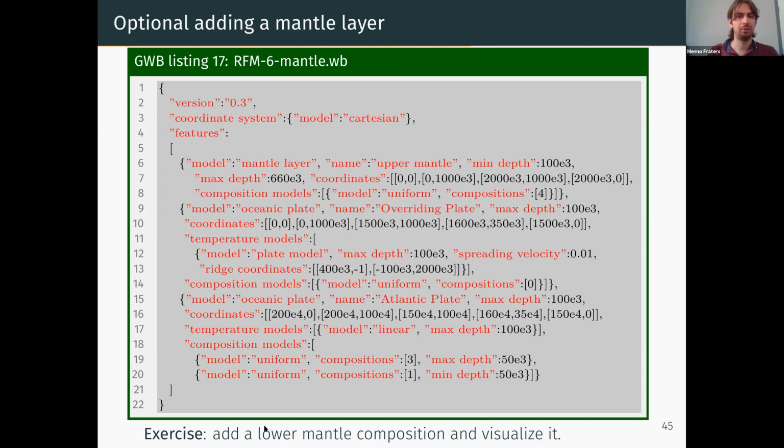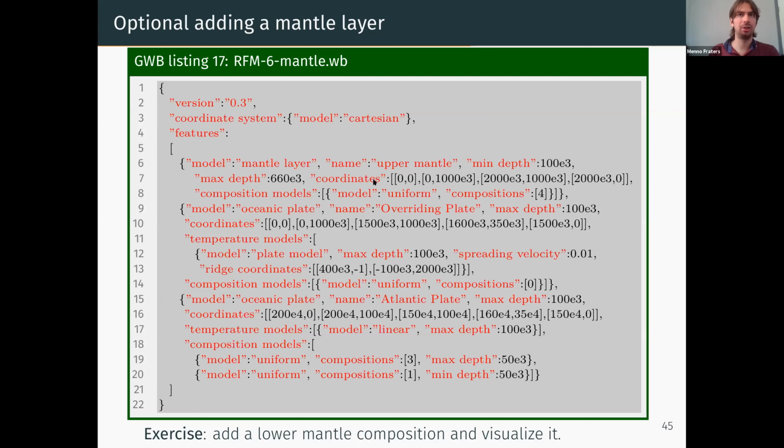If you did this exercise, I hope you managed. There are actually two ways of doing this. You could make another feature object, a mantle layer, and give it the name lower mantle, with a minimum depth of 660 kilometers and a maximum depth of, I don't know, whatever you want. Then just give it a different composition number.